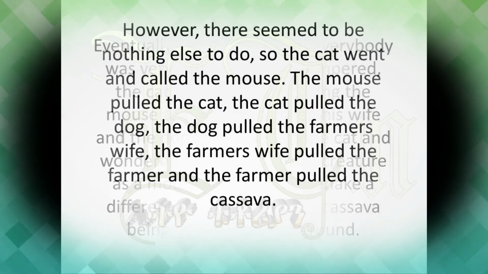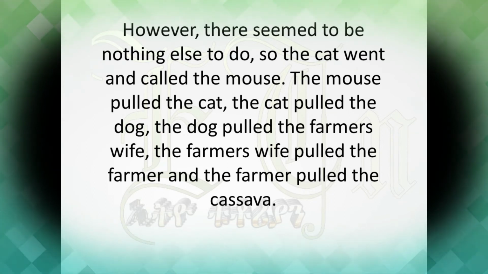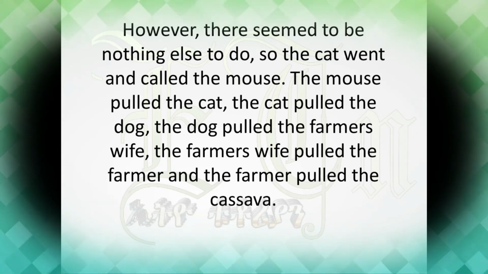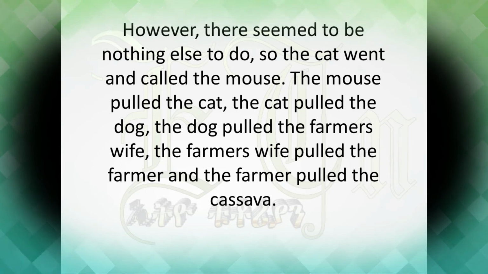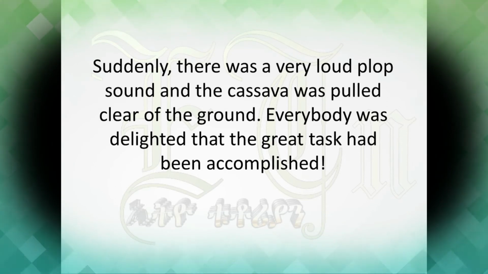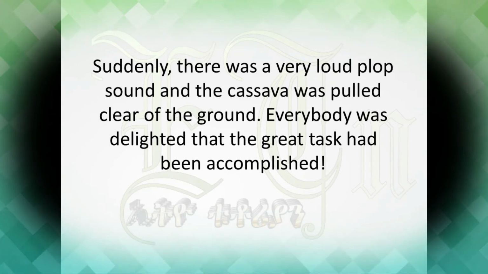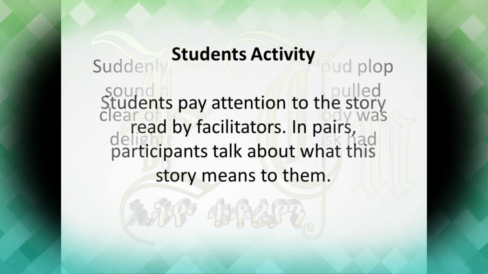However, there seemed to be nothing else to do, so the cat went and called the mouse. The mouse pulled the cat pulled the dog pulled the farmer's wife pulled the farmer, and the farmer pulled the cassava. Suddenly, there was a very loud plop sound and the cassava was pulled clear of the ground. Everybody was delighted that the great task had been accomplished.